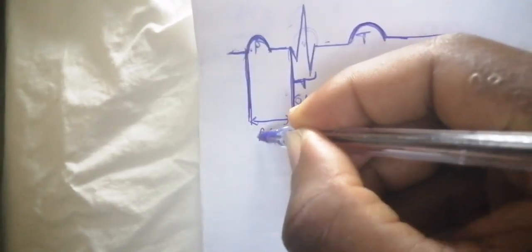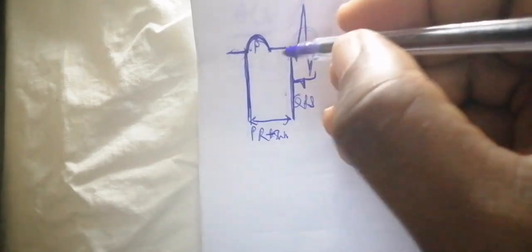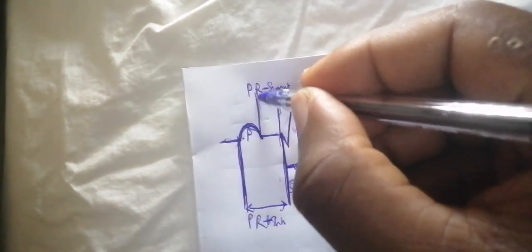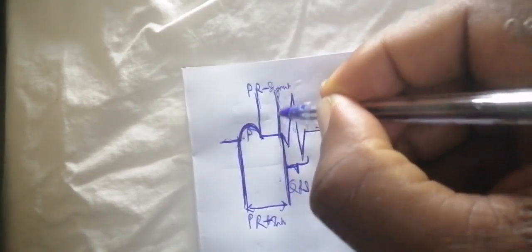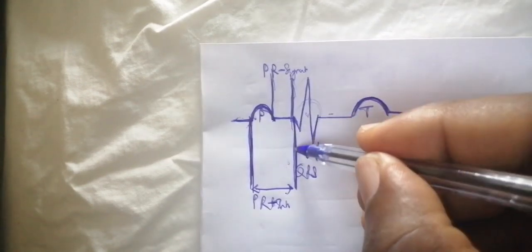So from here to here is a PR interval. Is it clear? Now you have also what is called the PR segment. The PR segment is from the end of the P wave to the beginning of the QRS complex. So that is the PR segment. Basically, so here is the QRS complex.